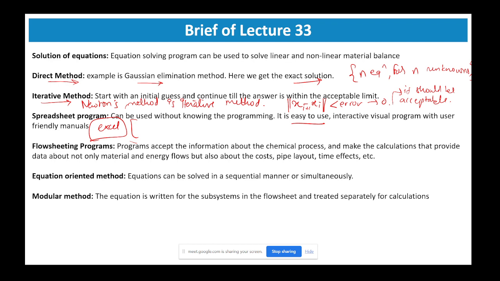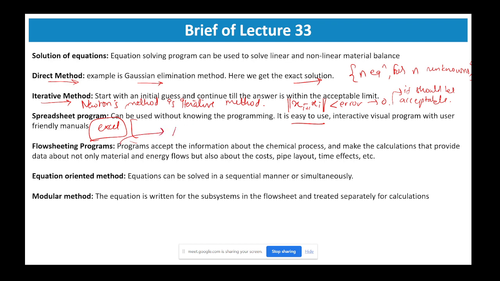However, if you have equations which are very complicated in nature, which is usually the case in chemical processes, then you will not be able to use a spreadsheet for the solution. In that case, you use various flow sheeting programs or flow sheet tools.